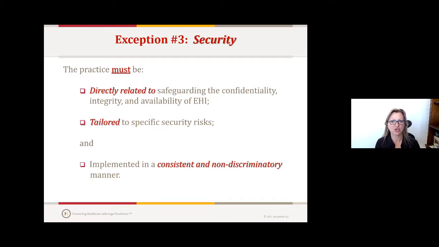That's where you need to watch out for the security exception and how you implement it, because ONC places a lot of emphasis on making sure security interventions are tailored to the security risk and not applied differently to different groups unless there's a justification for doing so.